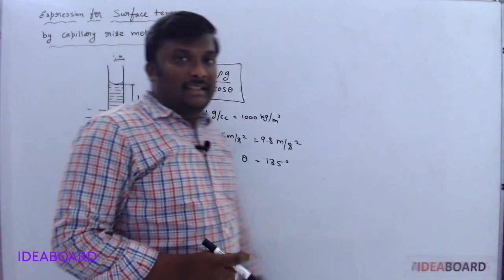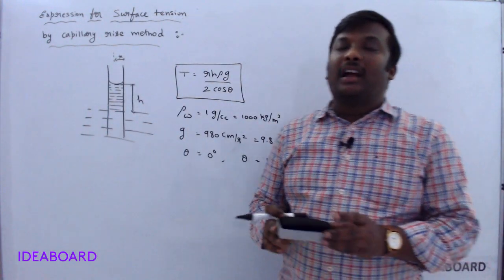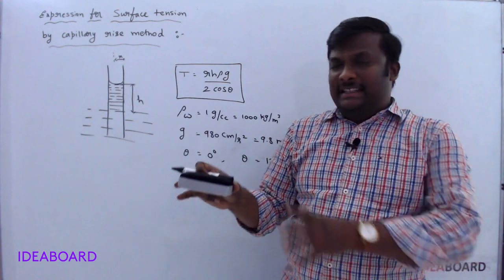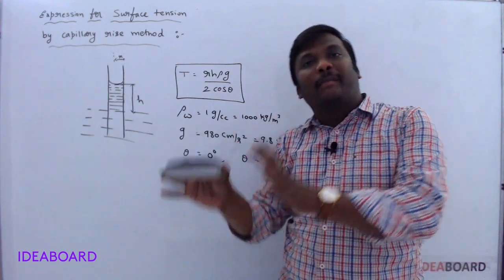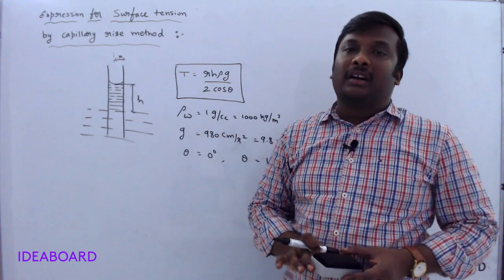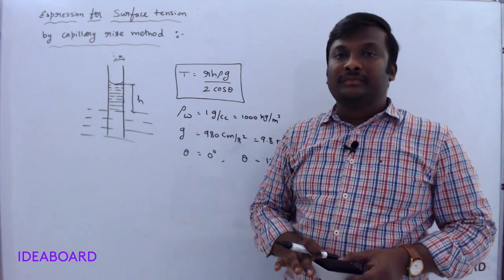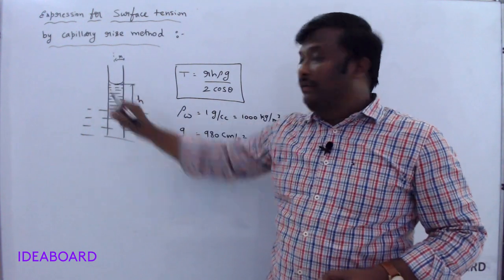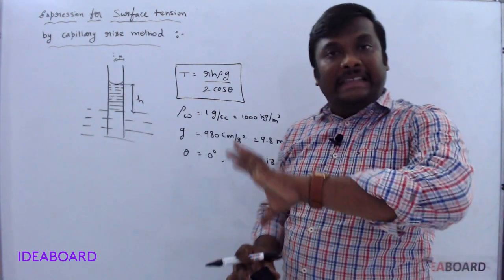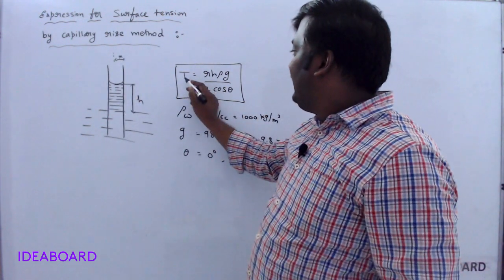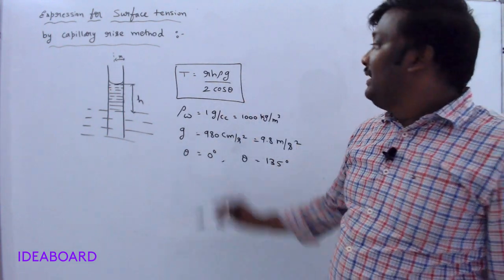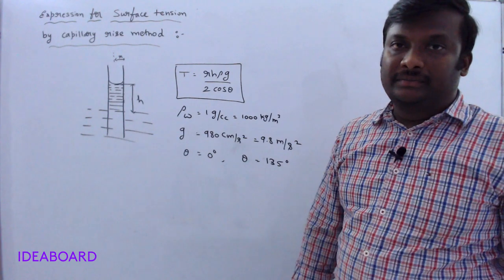Sometimes they say the experiment is done on the surface of the earth and the same experiment with the same apparatus is done on the surface of the moon. Then what happens to the height of the liquid? Same liquid means T remains constant, rho remains constant, theta remains constant.